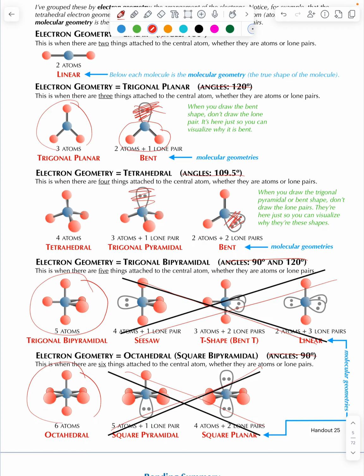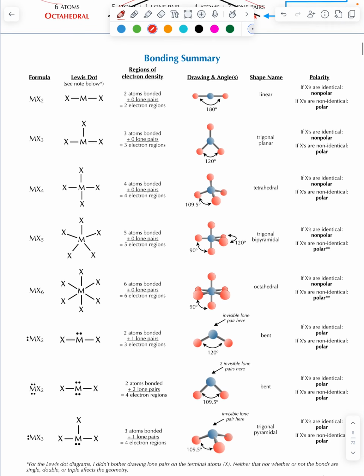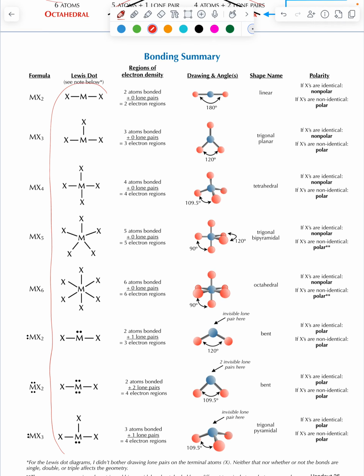And I hope you can recognize that that is octahedral. But more likely, I'm going to give you something like these here and ask you what the name of the shape is. So based on how many atoms are attached to the central atom, and if there are lone pairs, you should be able to identify what the name of the shape is.